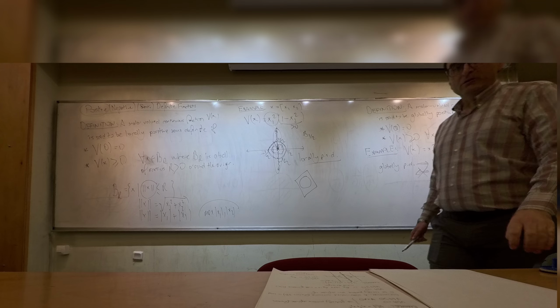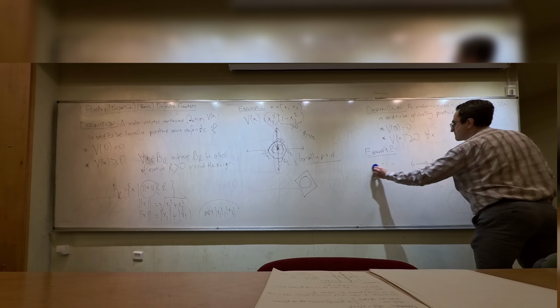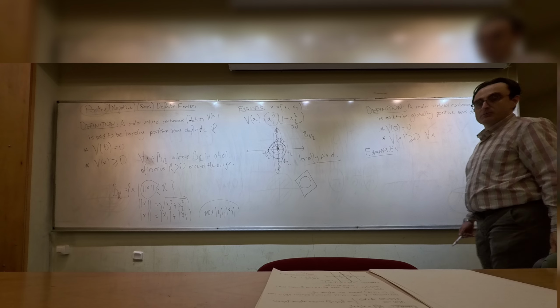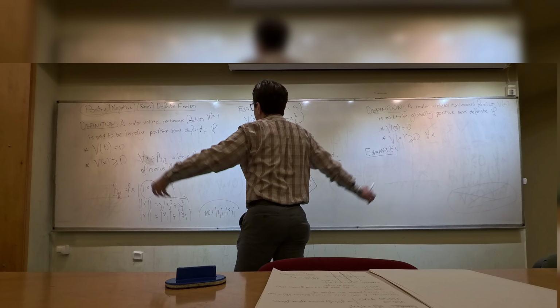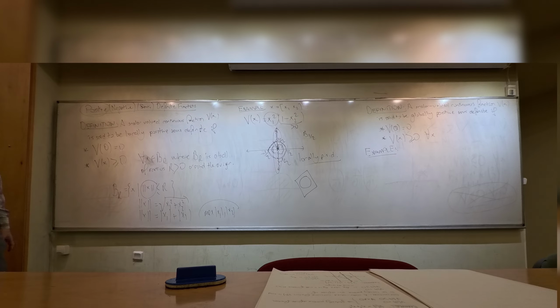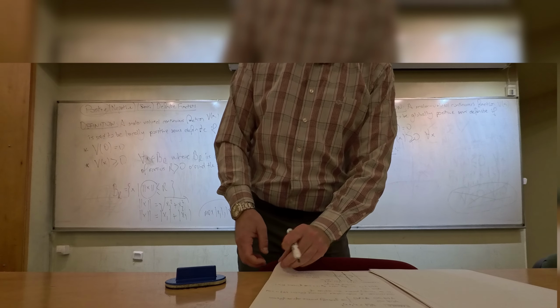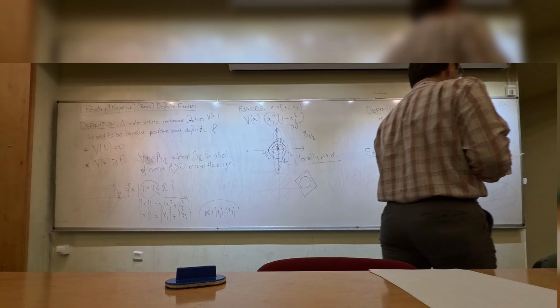That is the definition. So in this case, I can make this ball arbitrarily large here. I can let R go to infinity and the property should be satisfied for global positive semi-definites.